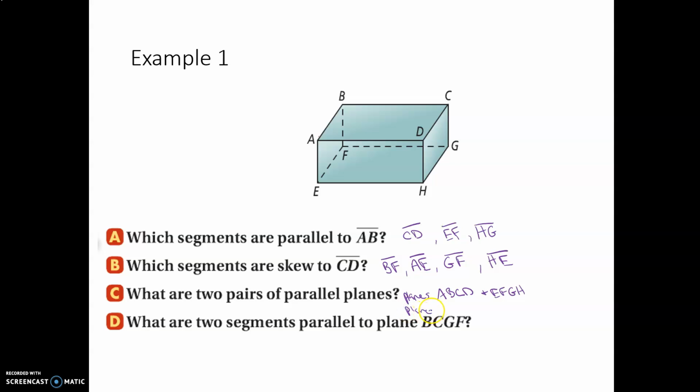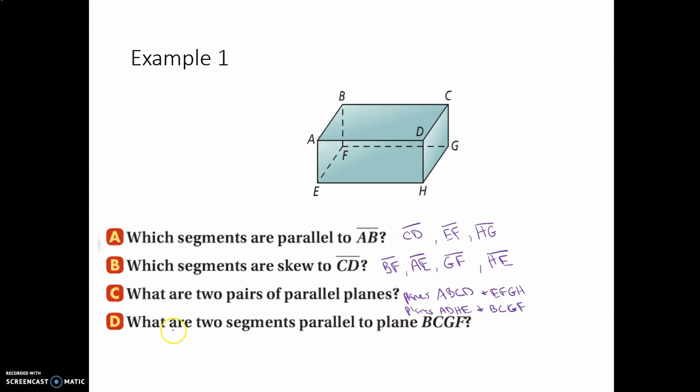Let's do another pair. How about front and back? So A, D, H, E, and the back, B, C, G, F. Or you could have also done the right and the left.